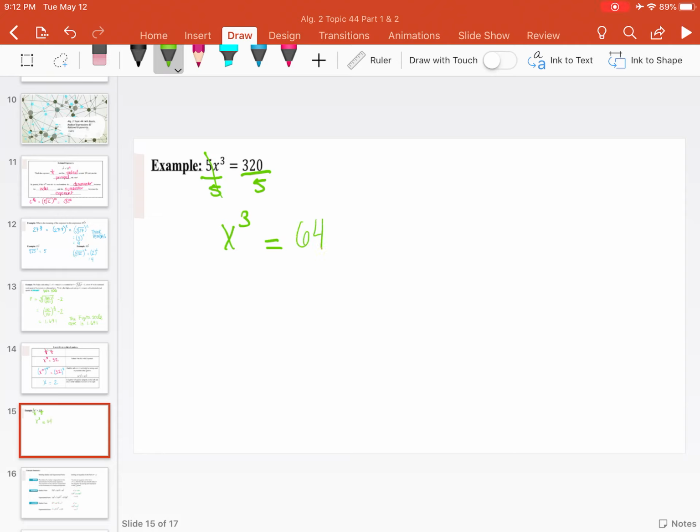Now, the same thing as raising both to the 1/3 power is taking the cube root of both sides. But remember that property of equality. What you do to one side, you have to do to the other. So the cube root of x cubed, those cancel each other out. So we're just going to be left with x. Now the cube root of 64 is 4. So x equals 4.